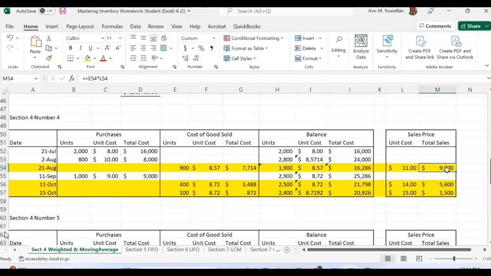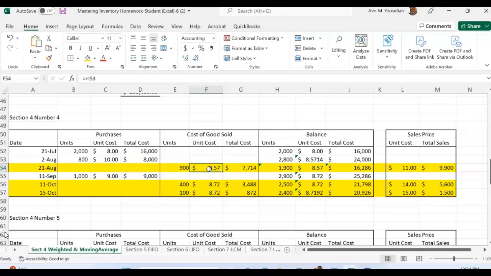Okay, we sold it at $11 each times 900 units sold. That's 9,900 sales revenue. However, what is the cost of goods sold? So cost of goods sold is 900 units at an average cost of what? 8.5714. So that's that number.